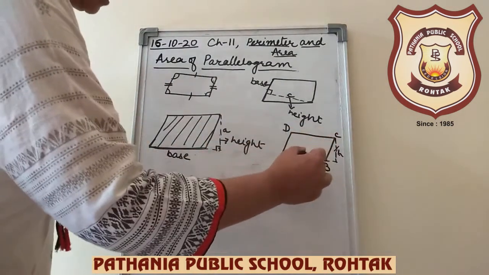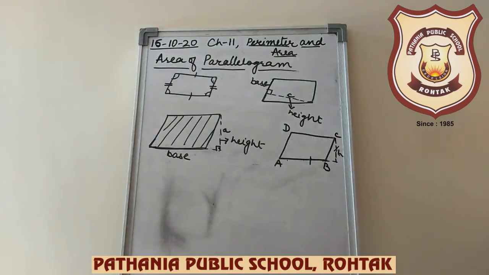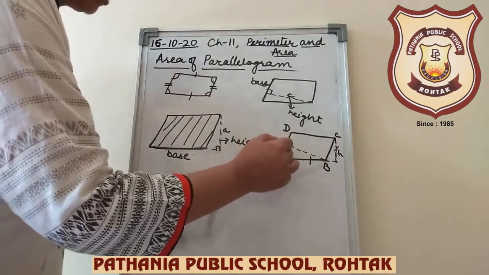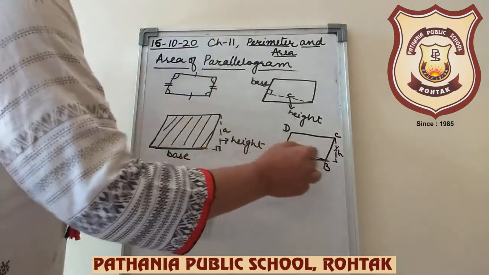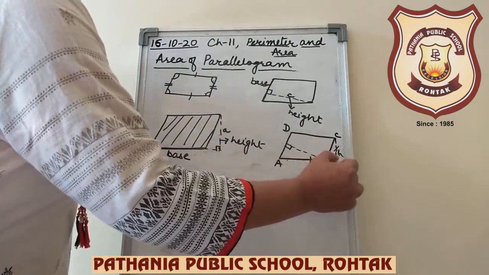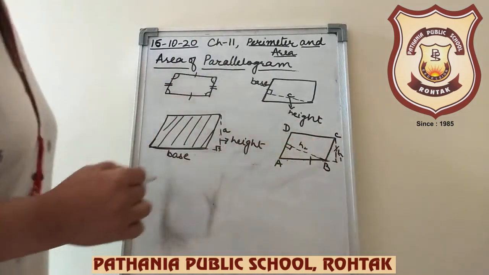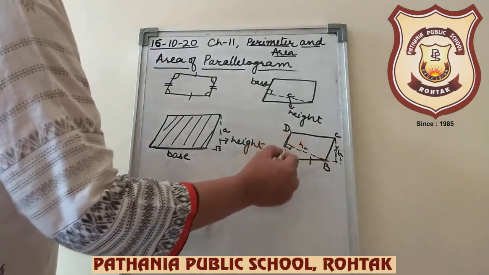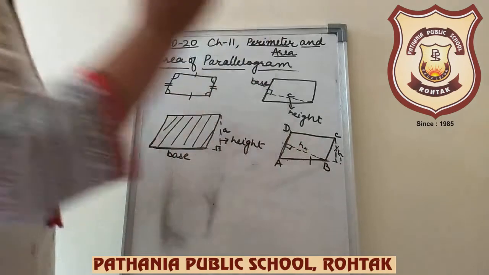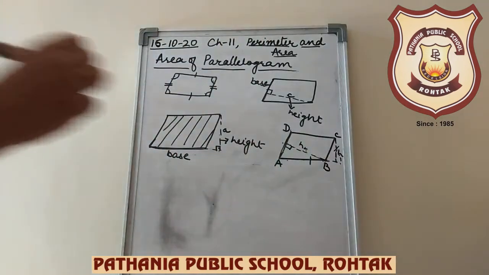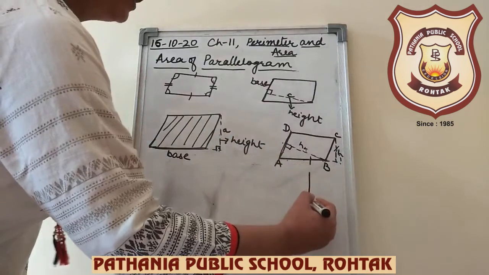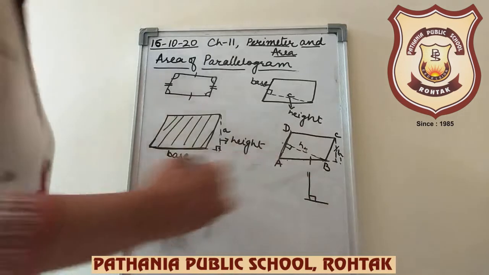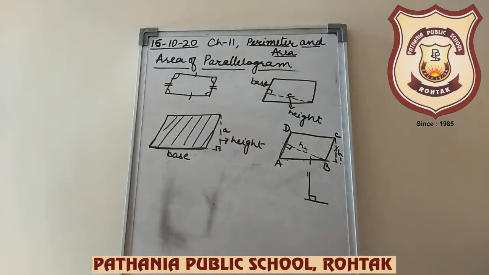So for this height, the corresponding base is this one. But when I take this vertex and draw an angle of 90 degree, there are two heights in the parallelogram. I have marked H1 and H2. Now this is the base for this height, means when you draw an angle of 90 degree, the other arm will be the base of the parallelogram. Clear?